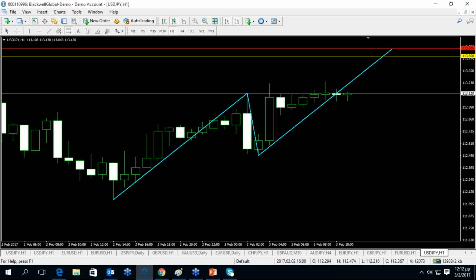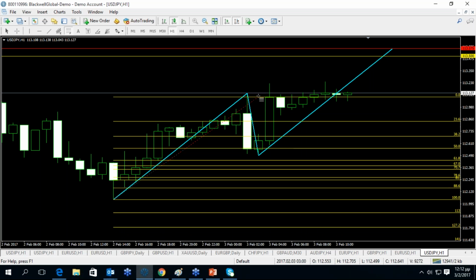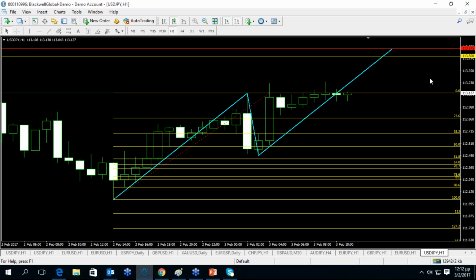Here, if I were to use the Fibonacci rule of finding an extra line, to get an idea of where prices could land at the D point, I need to look for my C point first. My C point, in this A, B, C, is quite close to the 61.8, between 50% and 61.8%.